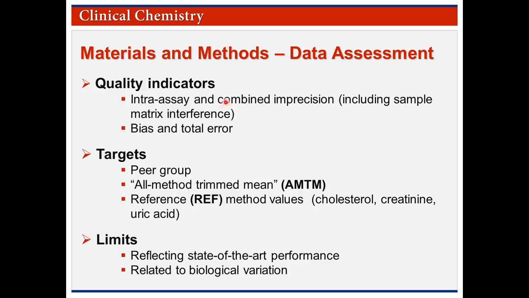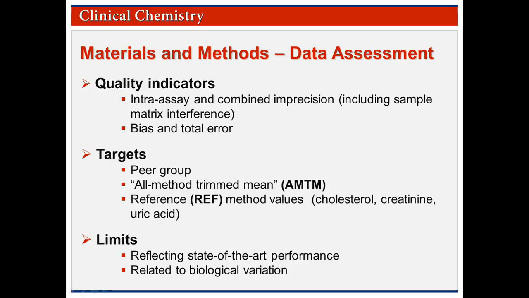And in their data assessment, they looked at the quality indicators, the target values and the limits. The quality indicators that they applied for performance assessment were the intra-assay imprecision, the combined imprecision, bias, and the total error.